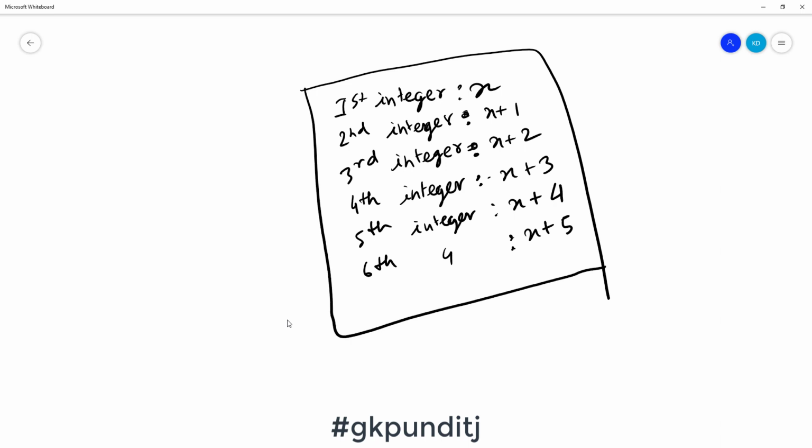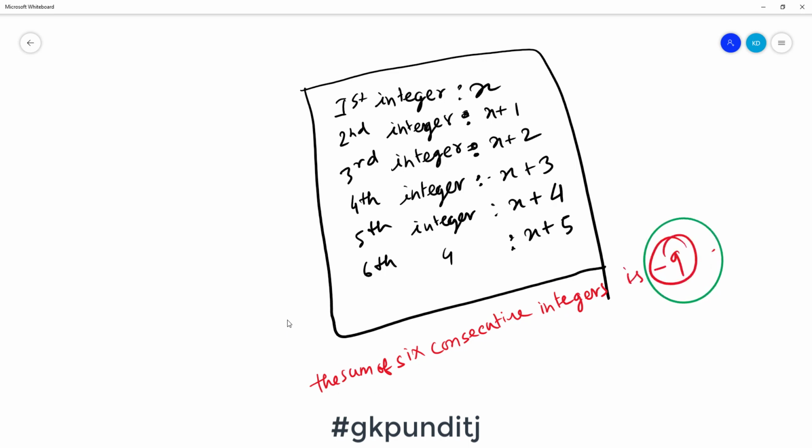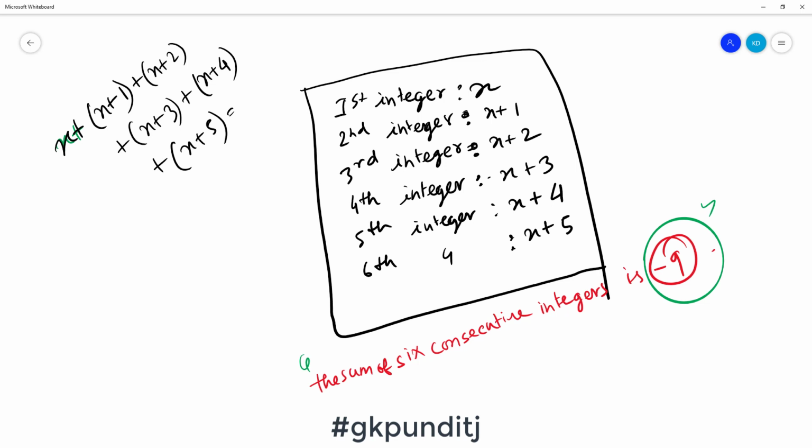Next, the sum of 6 consecutive integers is minus 9, so this turns into an equation. x plus x plus 1 plus x plus 2 plus x plus 3 plus x plus 4 plus x plus 5 equals minus 9.